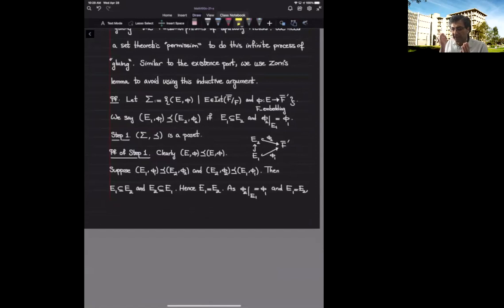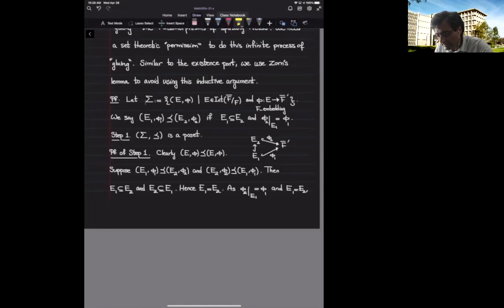Zorn's lemma guarantees that among all the subfields of this, there is a largest one that can have an embedding into f bar prime, and then we want to argue that it is indeed the entire f bar. Okay, so let's do the mechanism.